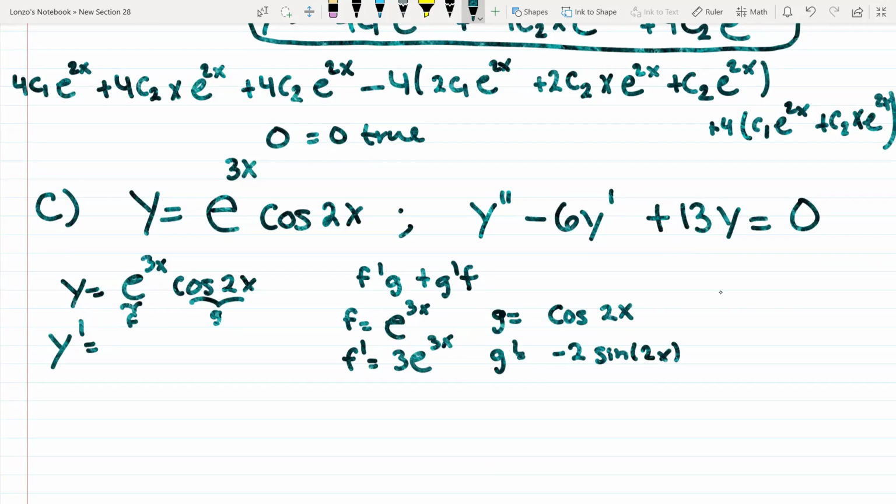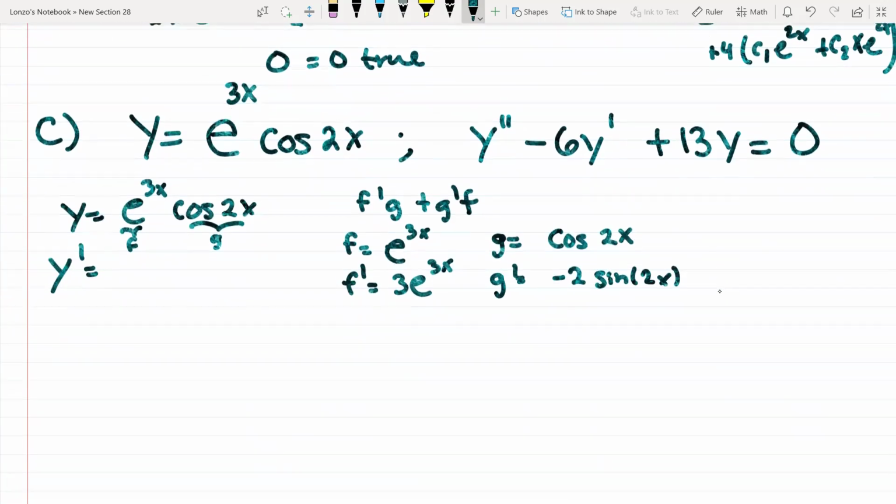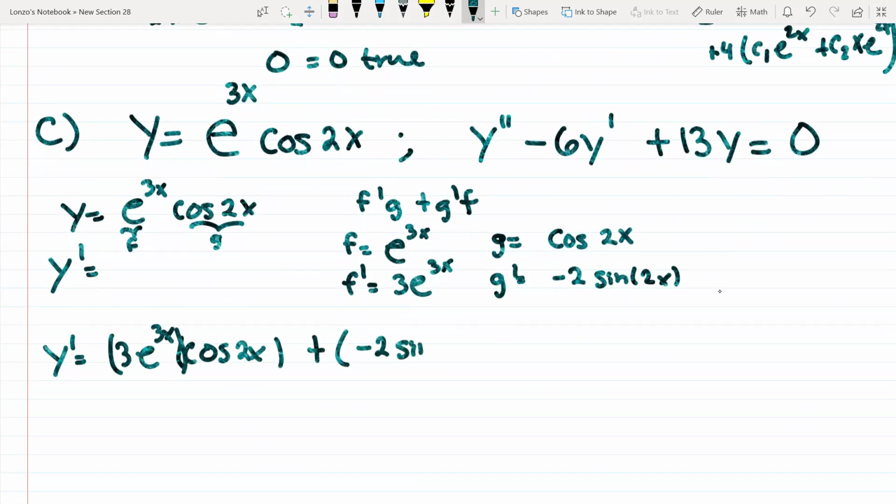So when you put it all together, you're going to get y prime equals 3e to the 3x times cosine 2x, plus -2 sin of 2x times e to the 3x.